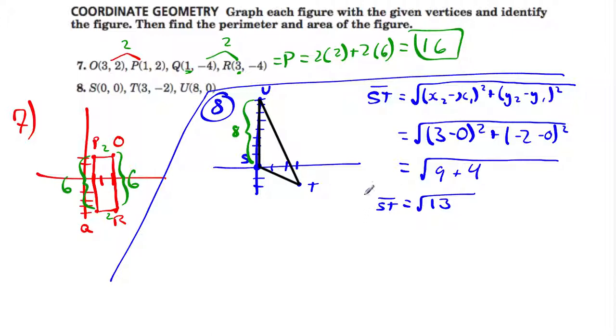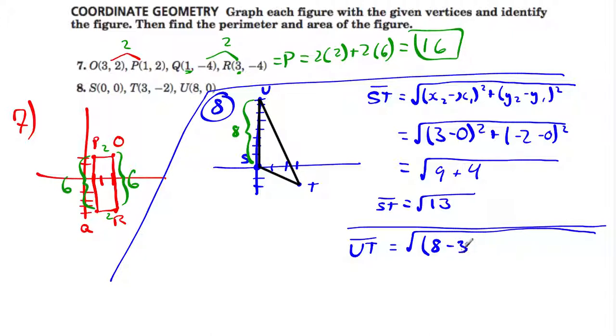Perfect. For the second side here, UT, we're going to use, again, the distance formula. So this is going to be x's, so 8 minus 3 squared, plus 0 minus the negative 2 squared.